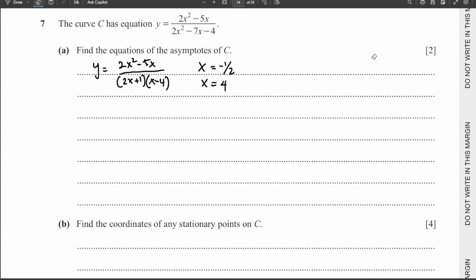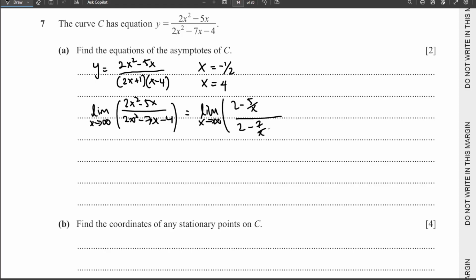So let's try and do that on the y. We try and take the limit as x goes to infinity. If we plug in infinity everywhere, it will be infinity over infinity. So we try some manipulation. We divide the top and the bottom by x squared. Now all the x terms are in the denominator of a number, right?